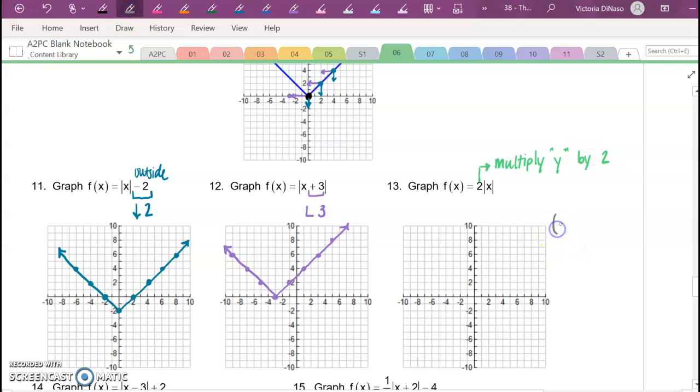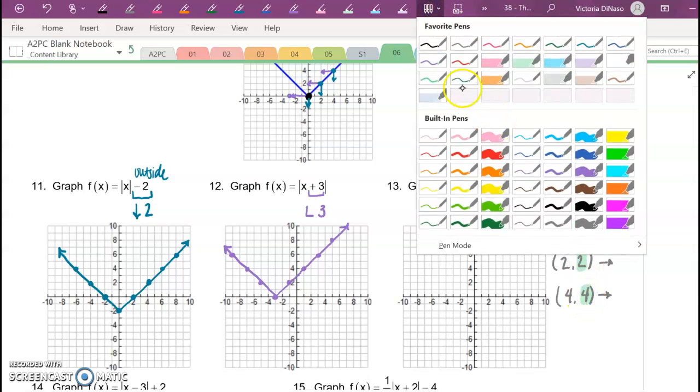So my original coordinates can be 0, 0, 2, 2, and 4, 4. What we're going to do is multiply just the y, that's my rule, just y by the number 2. So we're multiplying this by 2.